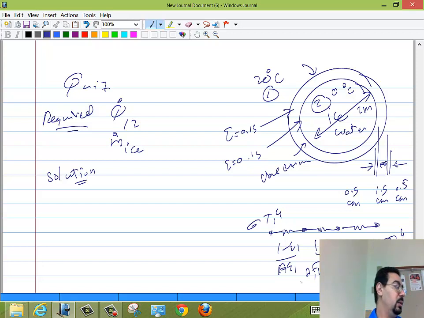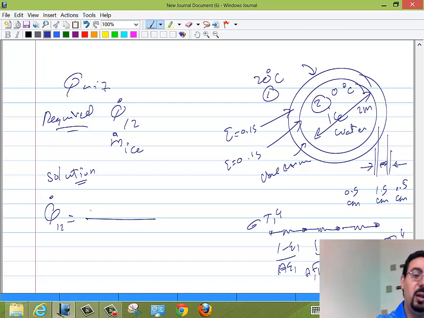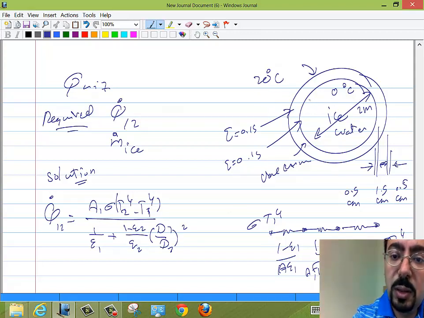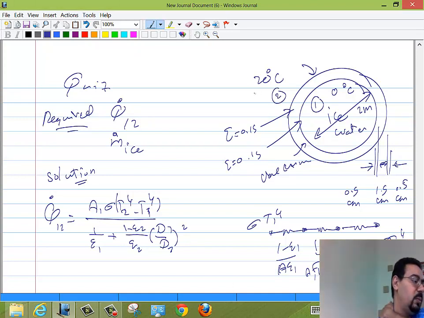Or I could just open the table for two spheres radiating to each other, and I find immediately the equation: Q dot 12 is area 1 sigma (T1 to power 4 minus T2 to power 4) over 1/epsilon 1 plus (1 minus epsilon 2) over epsilon 2 times (D1 over D2) to power 2, where 1 is the inside and 2 is the outside. So this is the equation that we will use.